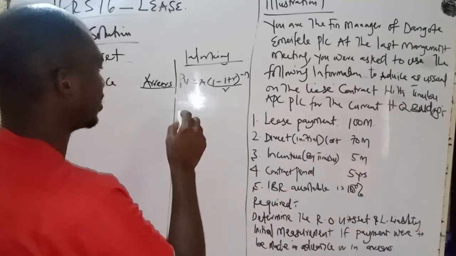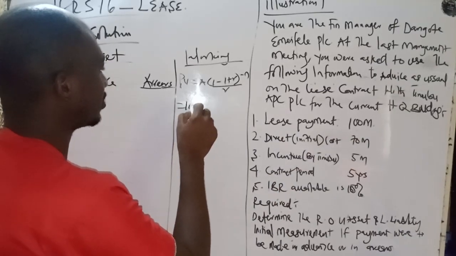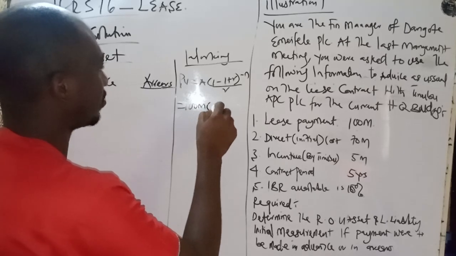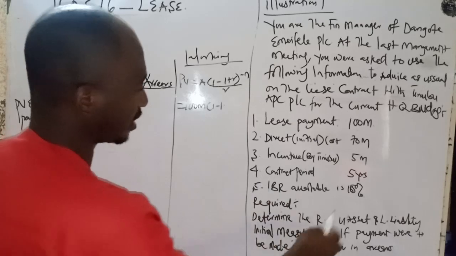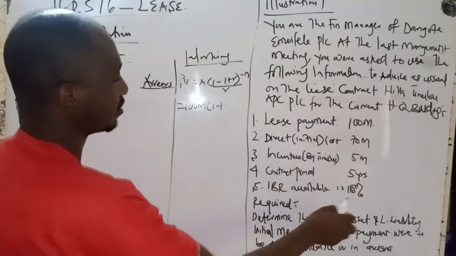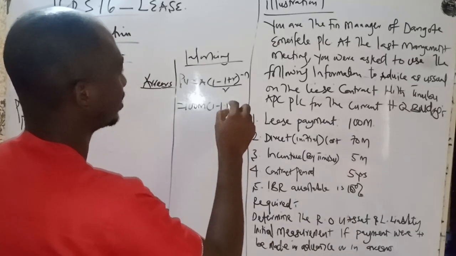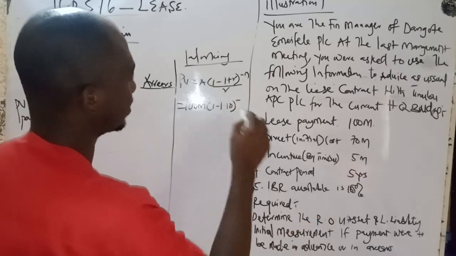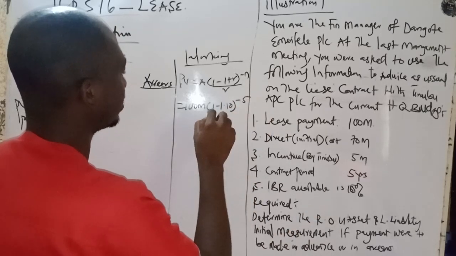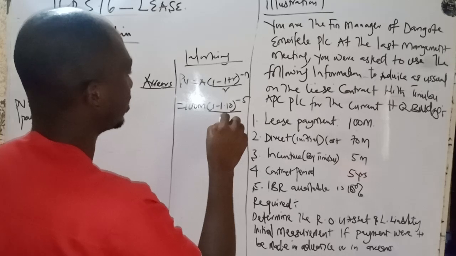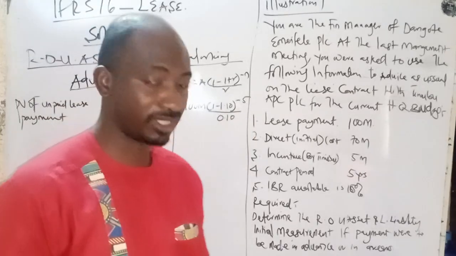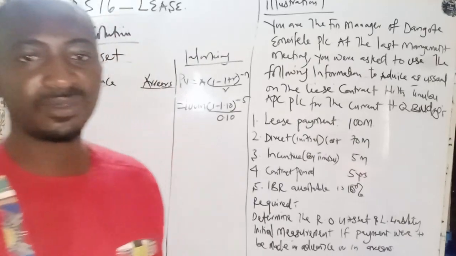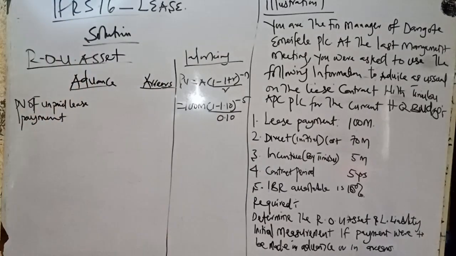So when we put it through, we have 100 into 1 minus 1.10 raised to power minus 5, divided by 0.10. They give us our rate to use as 10%, and the year is 5. So when you punch it into the calculator, it gives you an answer.